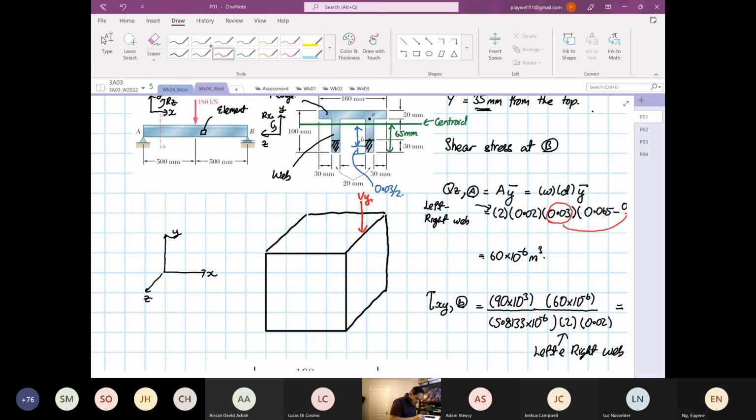So we know the shear stress will come down in this direction. We call this shear XY. Why is that? The X is this plane that I'm shading in blue.